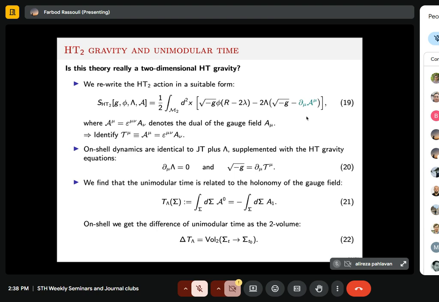I mean, the fact that you have one extra dynamical variable, the U1 gauge field here, from a holographic point of view, leads to one extra zero mode for, let's say, the asymptotic symmetry group.